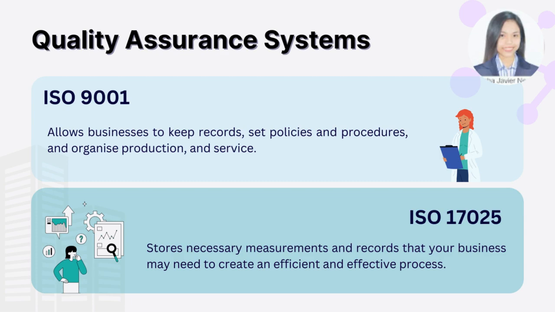ISO 17025, on the other hand, is an accreditation that differs because it stores necessary measurements and records that your business may need to create an efficient and effective process.